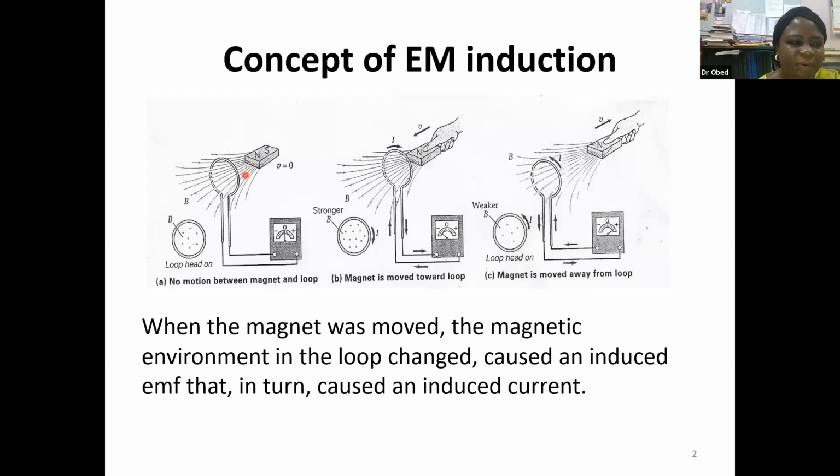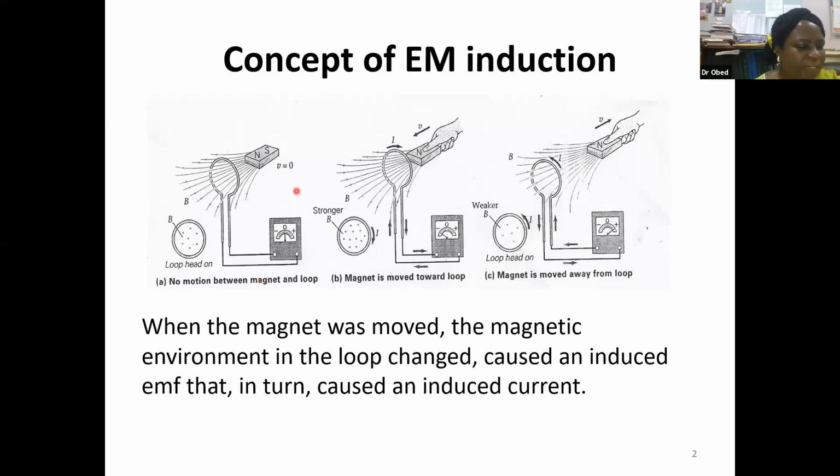So when we say EMF is induced or EMF is not induced, all we are talking about is the ability or capability of creating an electric current. In this case, no electric current is created because the magnet is stationary and the wire loop is stationary, and you can see that the galvanometer is not giving us any readings. So, no motion between magnet and loop.